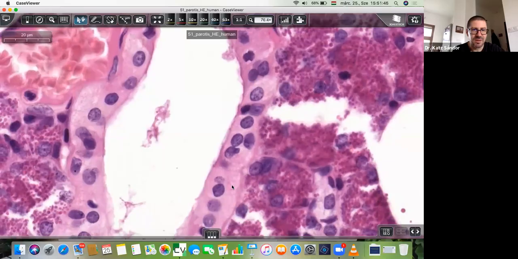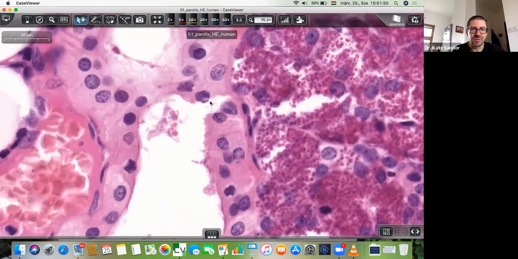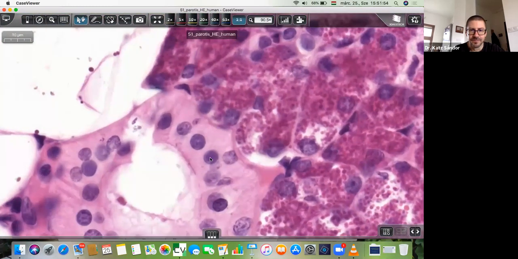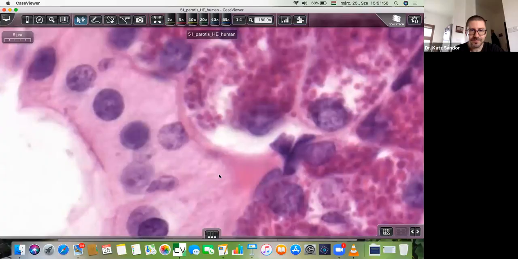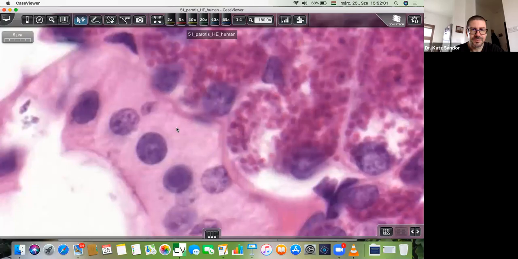We need a really good section of the cell and a really good microscope to show it. Maybe this, look at that. There. So these really delicate lines are the basal striation.